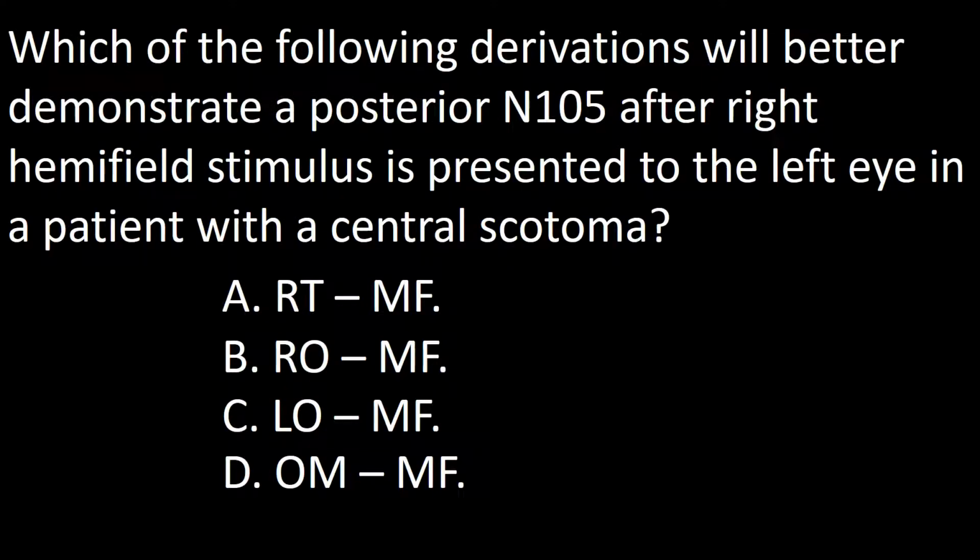Next question. Which of the following derivations will better demonstrate a posterior N105 after right hemifield stimulus presented to the left eye in a patient with a central scotoma? A. RT to MF, B. RO to MF, C. LO to MF, D. OM to MF.